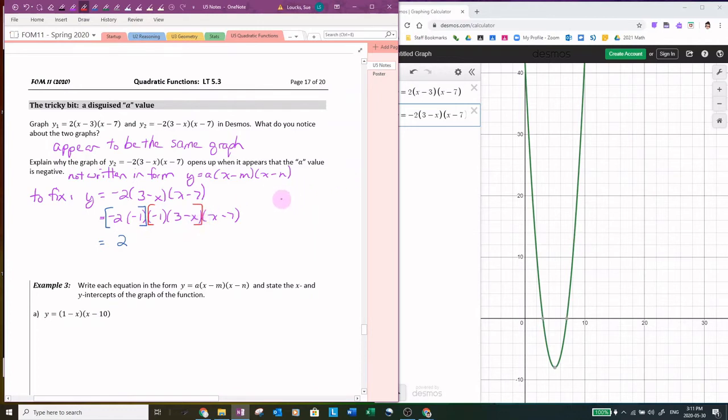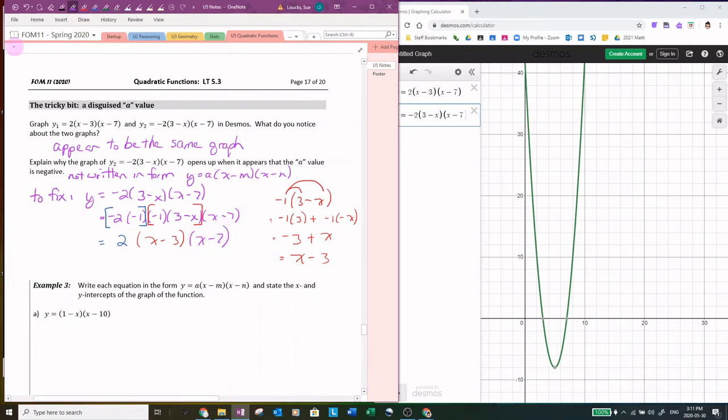If I have -1 times (3 - x), and I take my distribution, my rainbow lines, my water bombing, whatever you want to call it, I have -1 times 3, and -1 times -x, which equals -3 plus positive x, which equals x - 3. So -1 times (3 - x) becomes x - 3. And the x - 7, I don't need to do anything to, it just stays as x - 7.